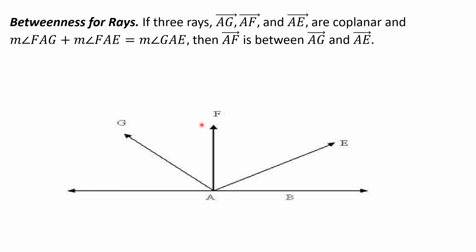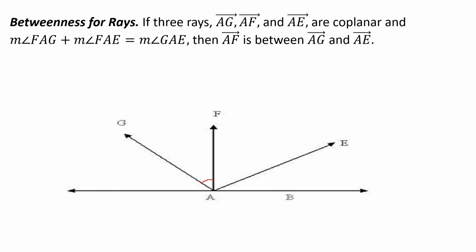So here in betweenness for rays, we have a ray which divides our angle. Okay, so if you add these two angles, the measure of angle FAJ and the measure of angle FAE, the total measure is equal to angle GAE.